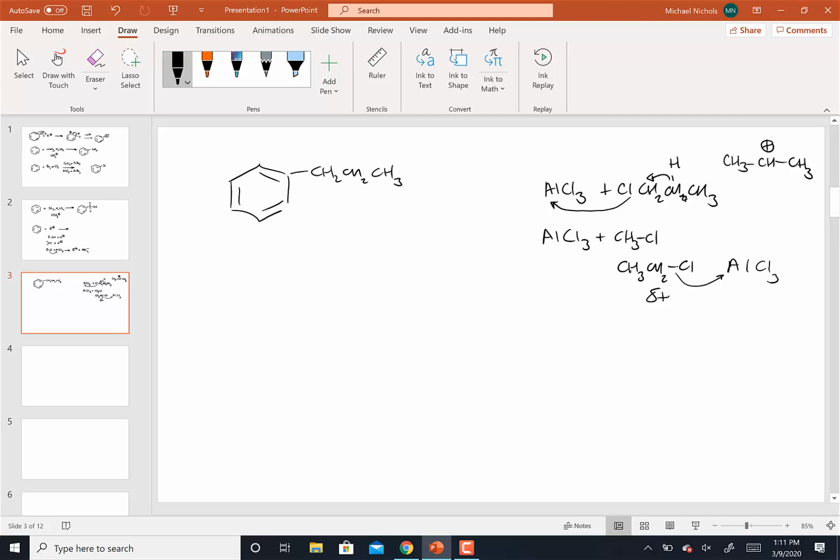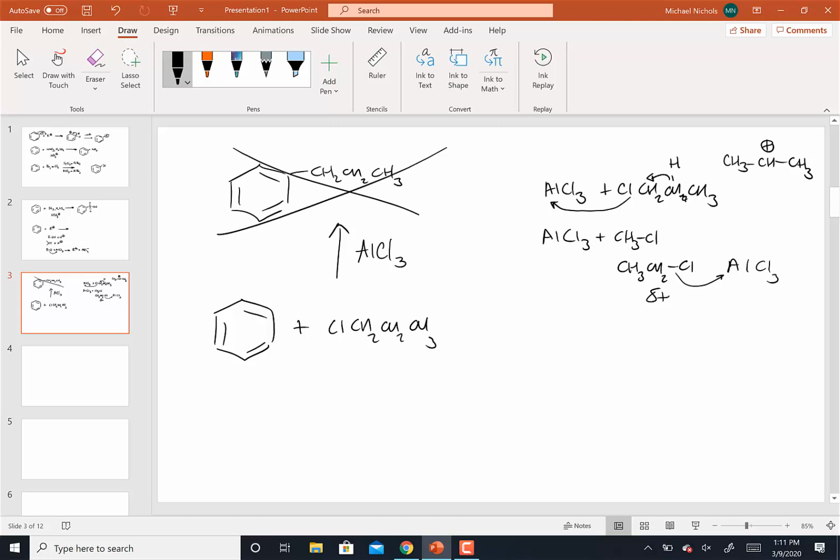So if I tried to take my benzene and add propyl chloride to it in order to make propylbenzene, that will not work.